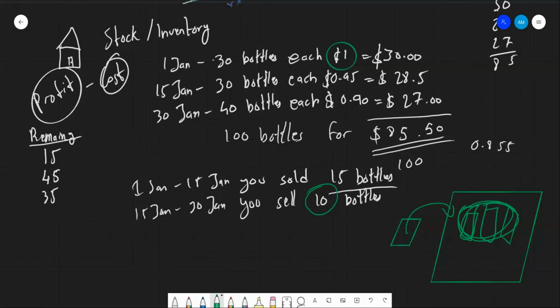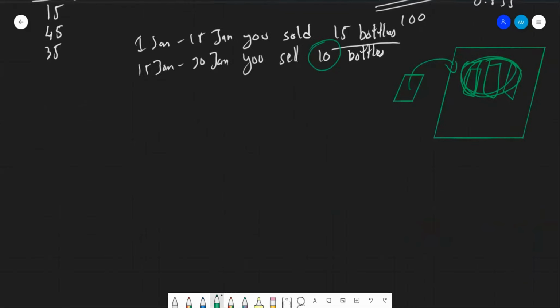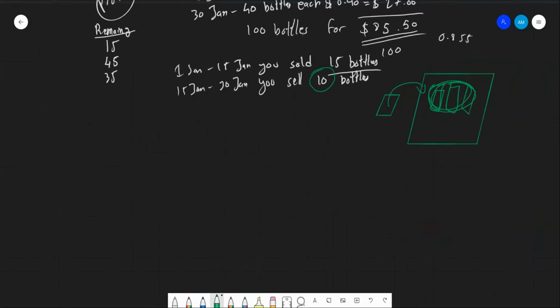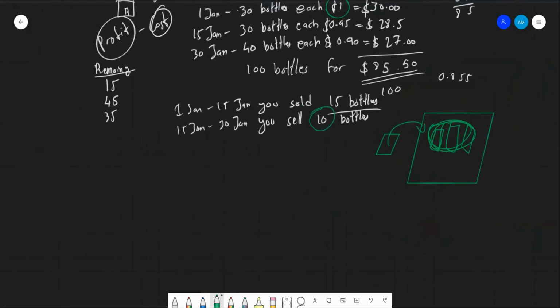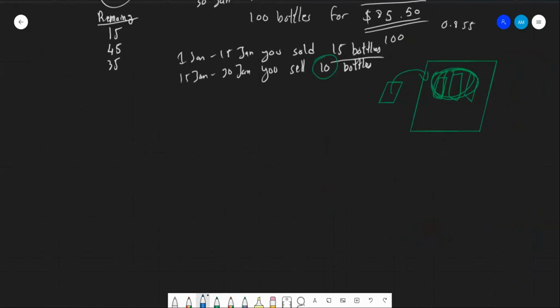So to combat this, the people who make the IFRSs or the statements came up with a lot of methods, but the ones we'll look at today are LIFO, FIFO, and there's another one called AVCO, right?